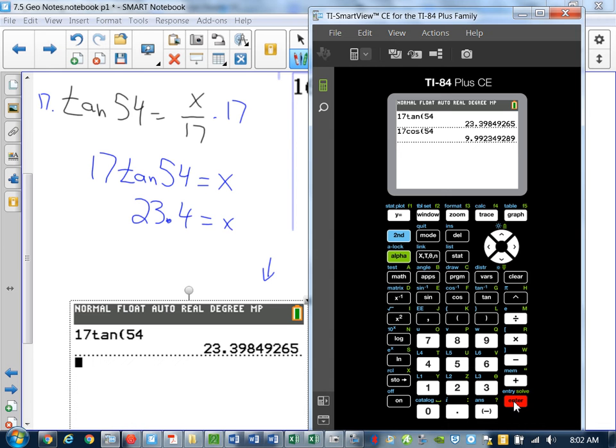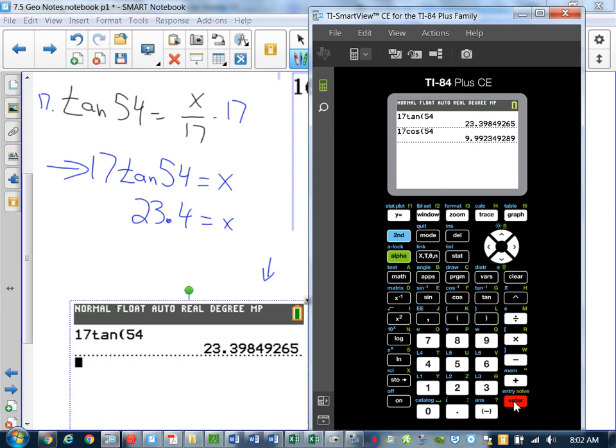But if you write down this, it always tells me you know what you're doing. But if you accidentally type something wrong in the calculator, it's easy for us to figure out where you went wrong. Whether you accidentally hit cosine, or you hit 52 instead of 54, or you hit 12 instead of 17. There's so many numbers in this unit that it's very, very easy to accidentally write something down incorrectly.